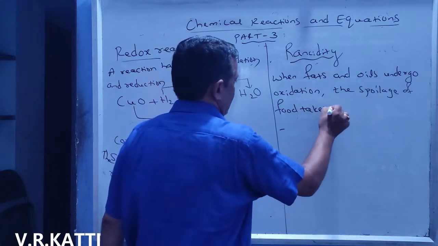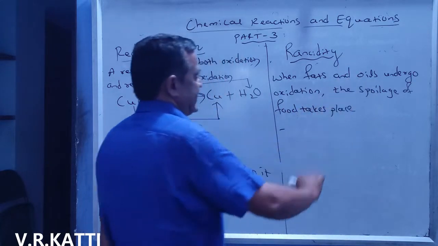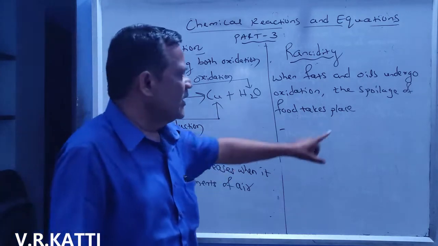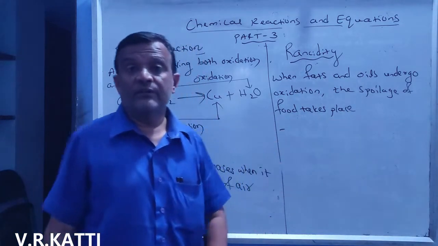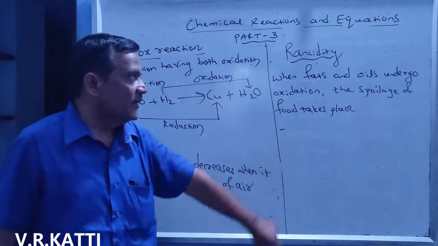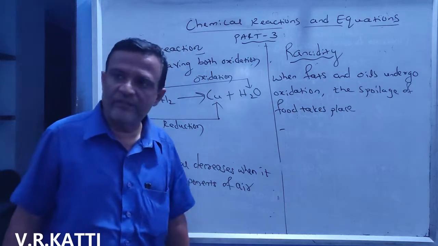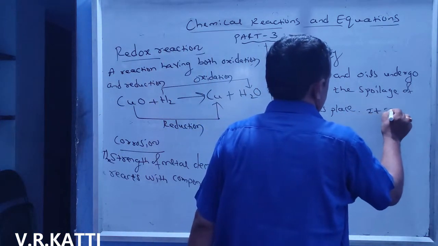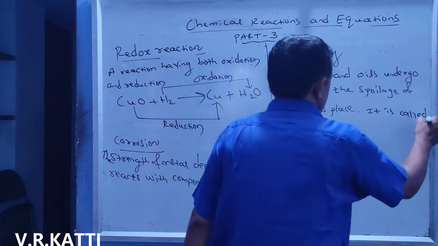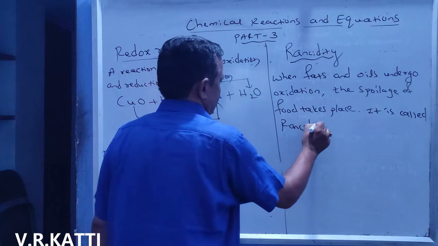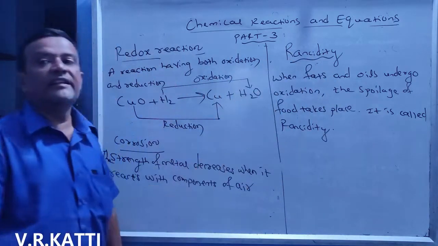Spoilage of food takes place, and then a foul smell is observed. So that one we can call rancid. When fats and oils undergo oxidation, the spoilage of food takes place. It is called rancidity.